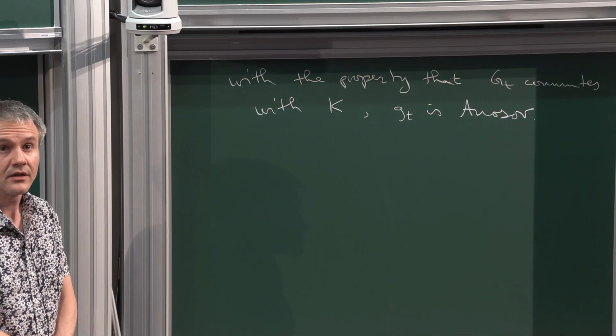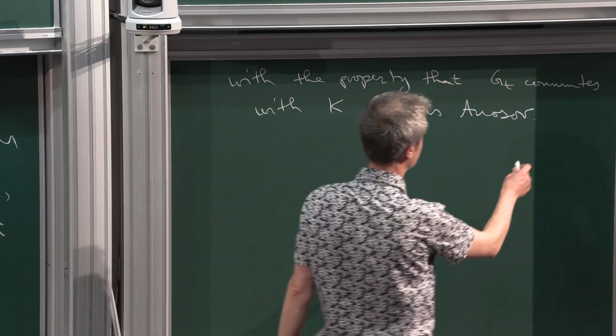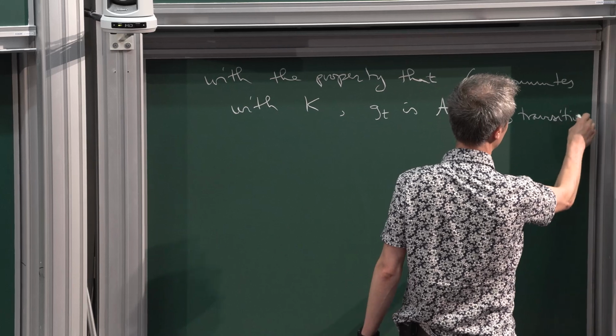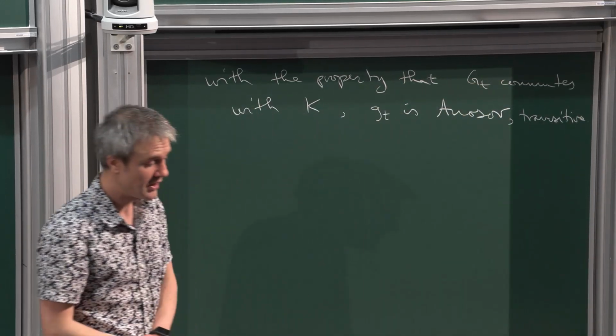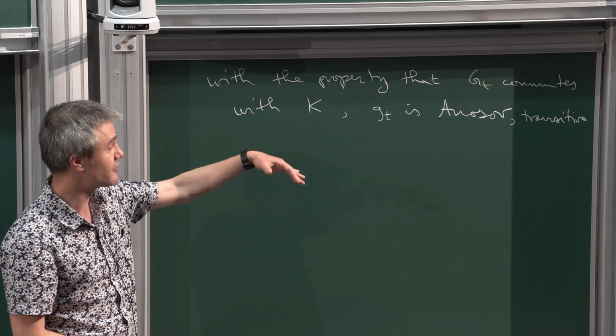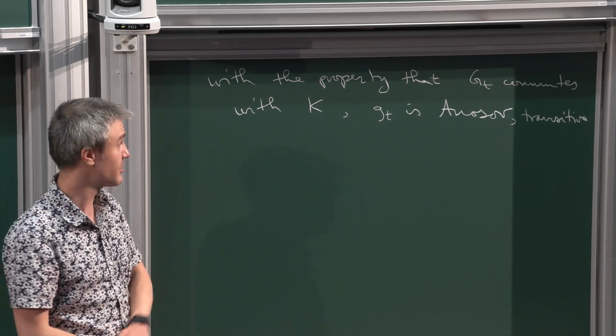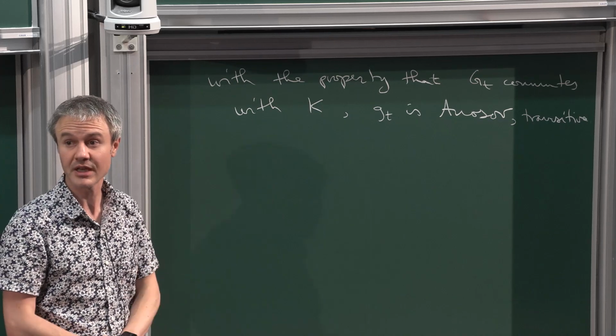Right. I'm also going to assume that g_t either preserves a Lebesgue class measure, or it's transitive, meaning that it has at least one dense orbit. So hopefully I'll explain why this might not always be the case in general.